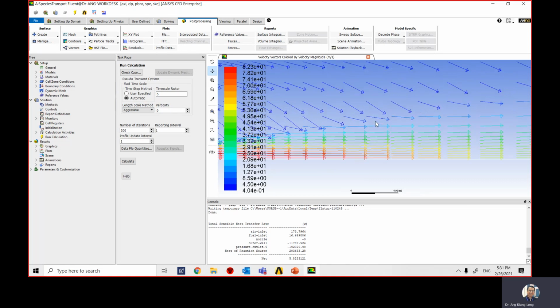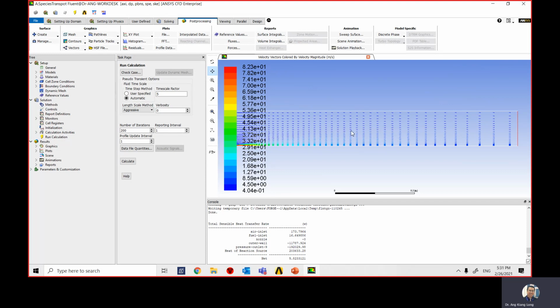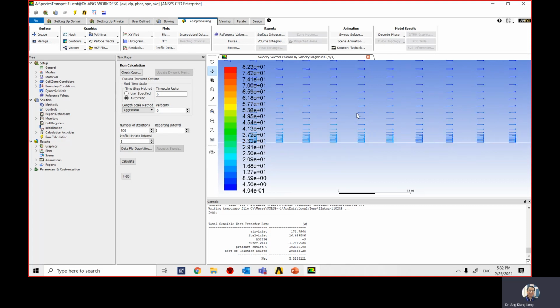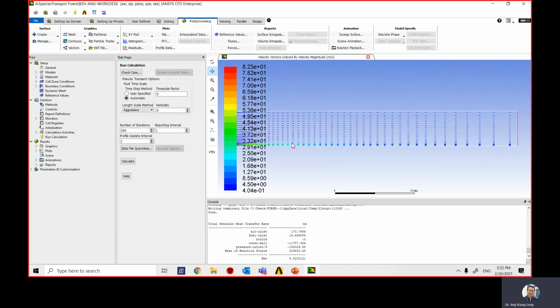So by fixing the vector length, it will help you to have a better understanding of the vector with some distance from the left to right. And by looking at the color, you will see what happened to the velocity inside the system.